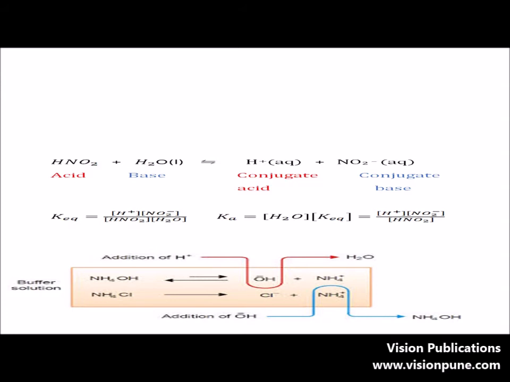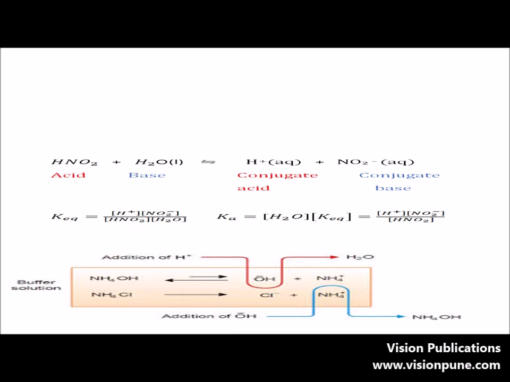It reacts with the hydroxyl ion, which is a base obtained from water, and it is converted to ammonium hydroxide. And the ammonium ion obtained from ammonium hydroxide reacts with the chloride ions obtained from ammonium chloride, and it is converted to ammonium chloride. So this is another buffer solution.